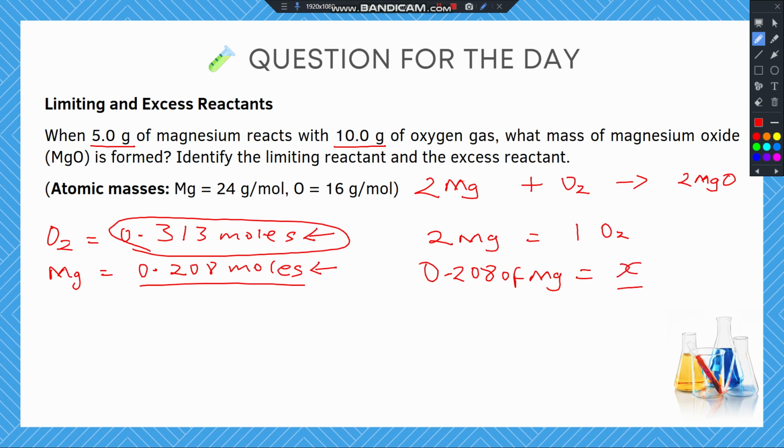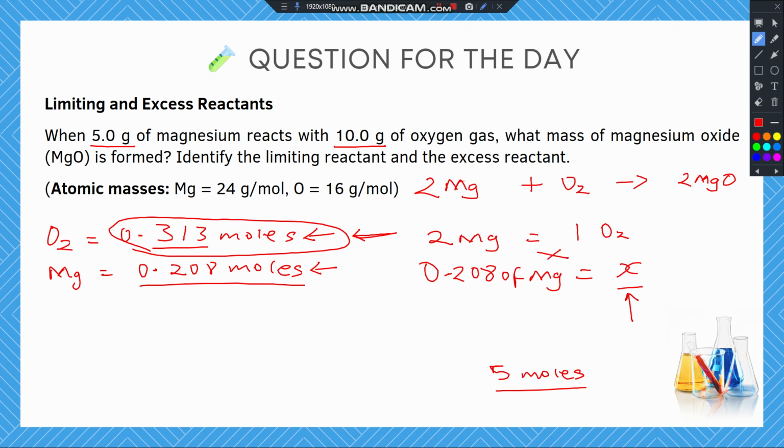So when we find out the number of moles of oxygen that are needed, for example, let's say we have 5 moles of oxygen needed, it means that this 0.313 moles will now be the limiting reactant, because we need 5 moles but we have only 0.313 moles. I don't know if you understood what I just said, but let's proceed anyways.